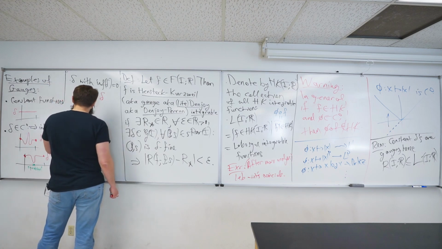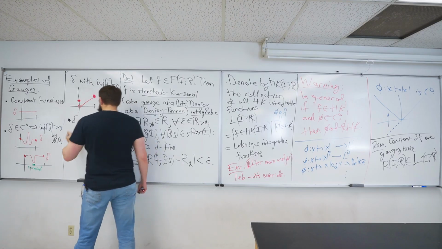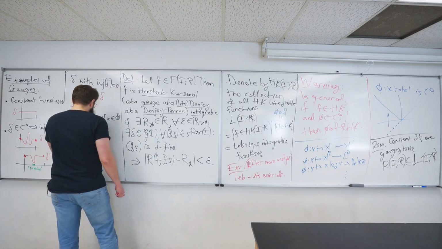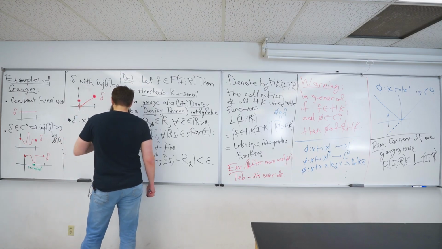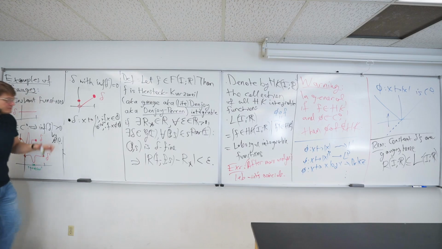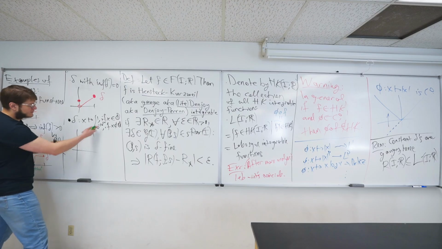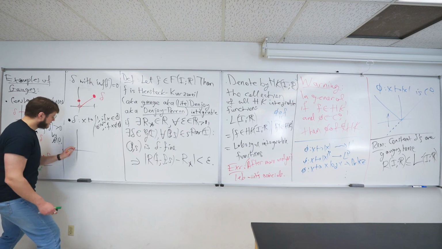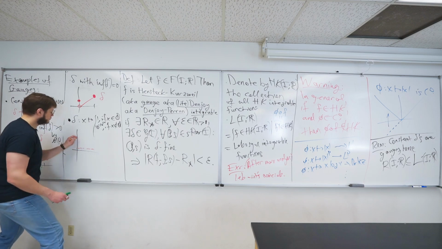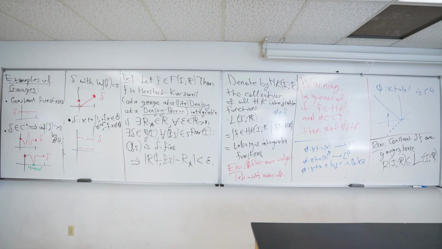It could be like this, for instance: x is sent to 1 if x is rational, and 10 to the minus 10 to the 10 if x is not rational. That's a valid gauge. It's a very discontinuous function. Its inf is bounded away from 0, so it would look like this. That's my delta. It keeps jumping. That's a valid function.